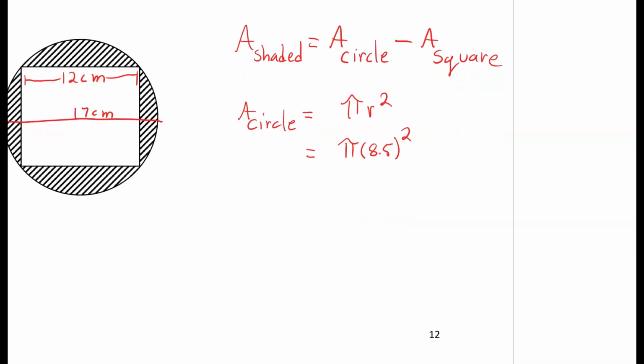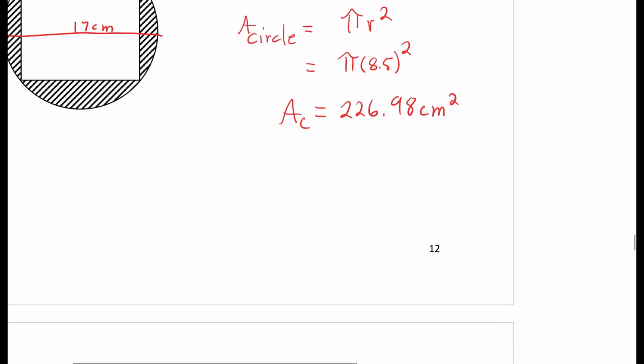Remember, you always want to do your exponent first because we have to follow the order of operations. So pi times 8.5 squared will get us the area of the circle, which is 226.98 centimeters squared.